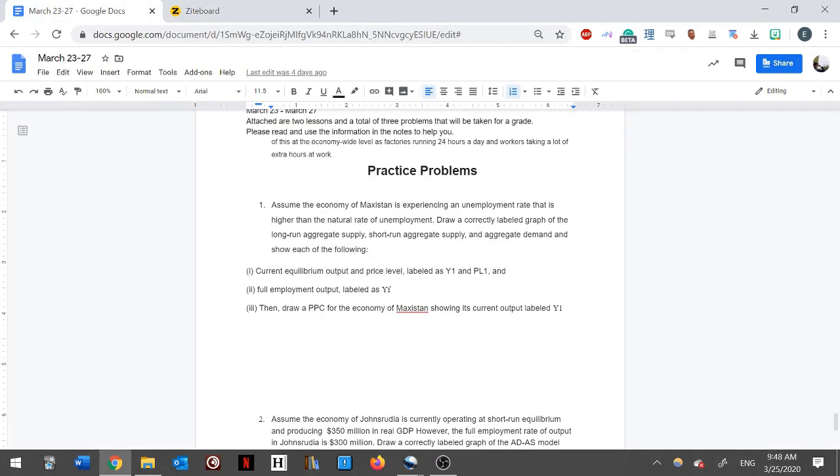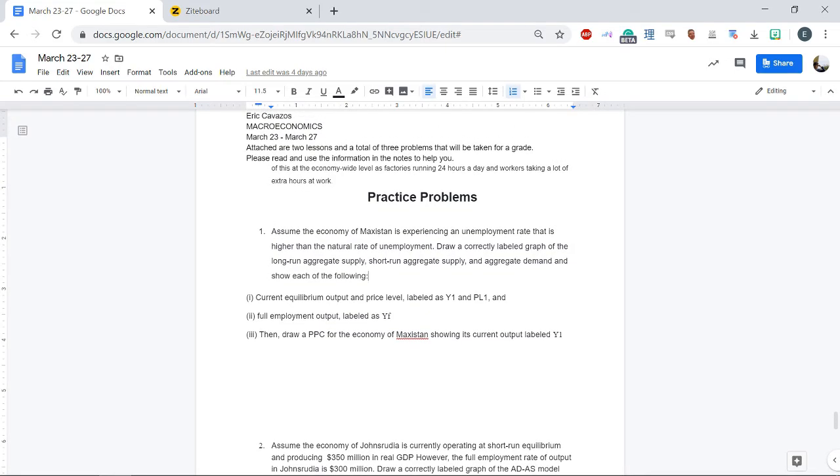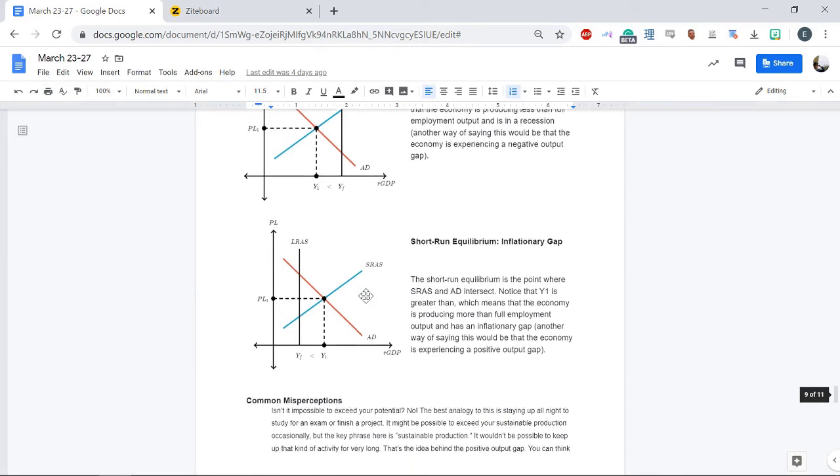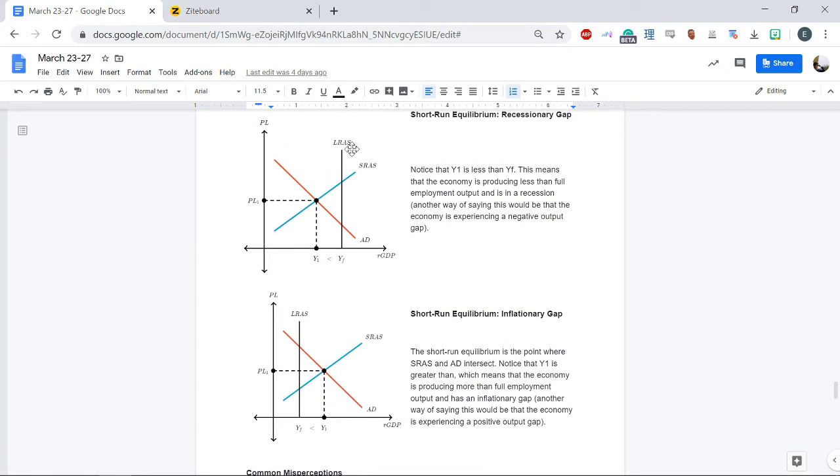Then it says full employment output labeled as YF. Now there are a couple of graphs up here that will help explain this problem. If you look at these two graphs right here, the LRAS is going to be showing full employment output.